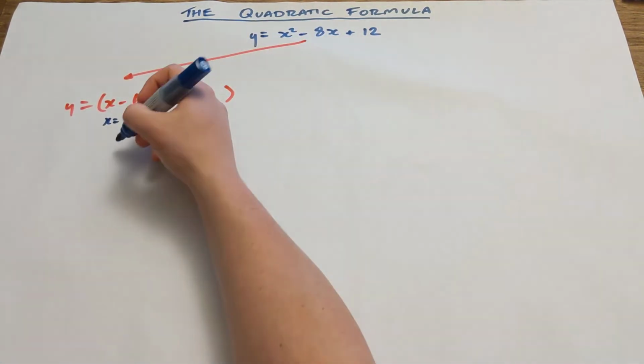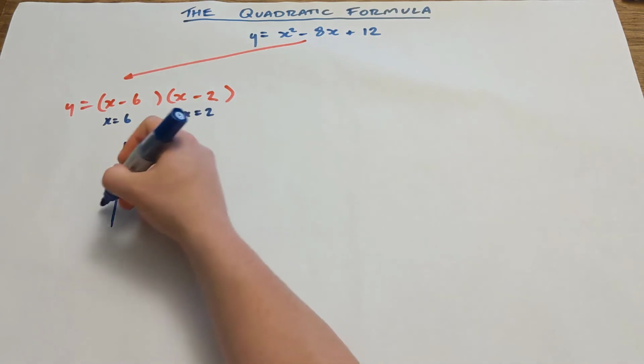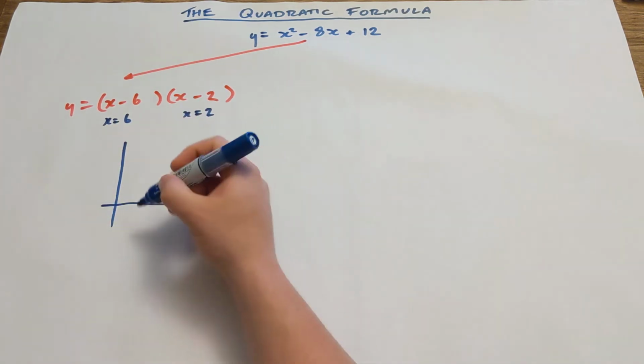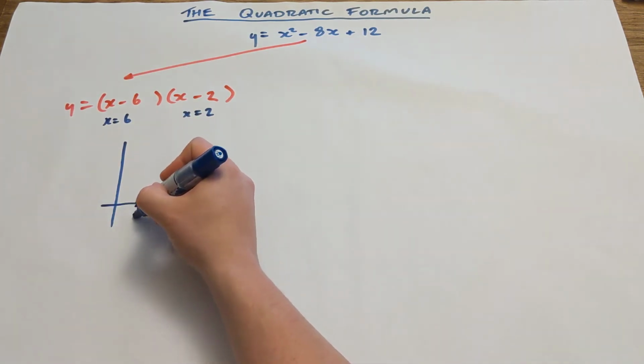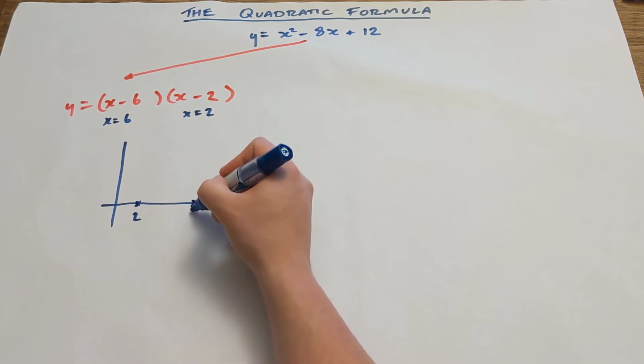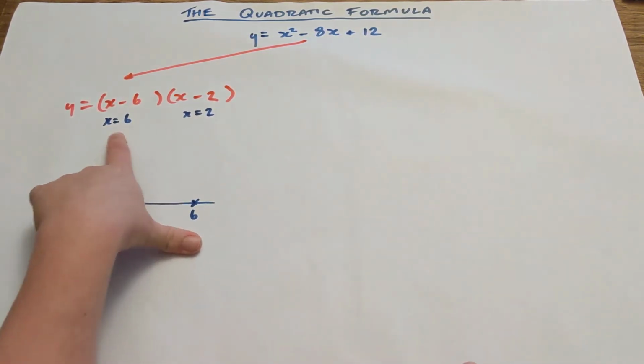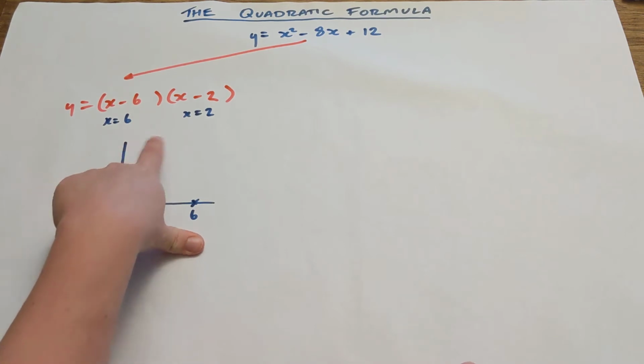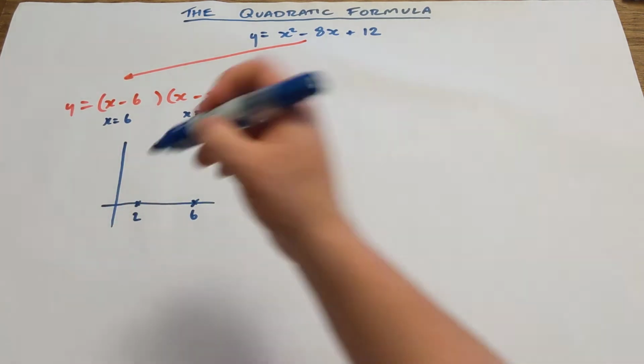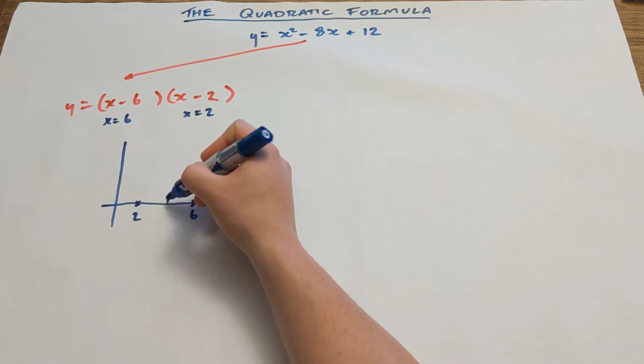So if we had a little sketch of it, we know it's going to cross the x-axis here at 2 and here at 6. And we know that the turning point has to be in the middle of these because it's symmetrical. So the turning point would be at 4 here in the middle.